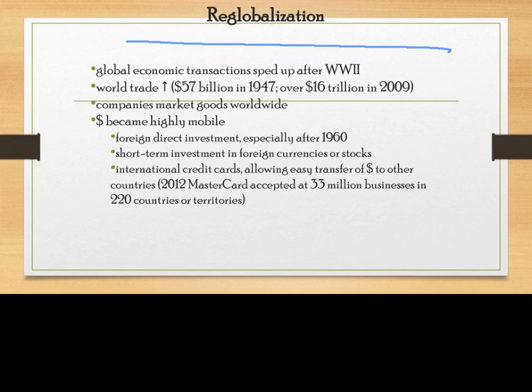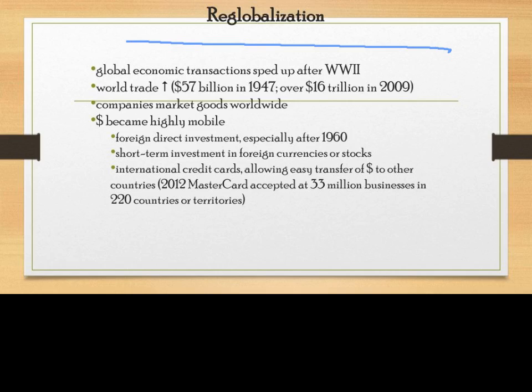International credit cards allowed for easy transfer of money to other countries. For example, in 2012, MasterCard was accepted at 33 million businesses in over 220 countries or territories worldwide. So this is an unprecedented growth in world trade.